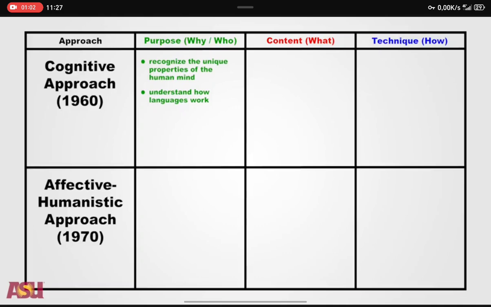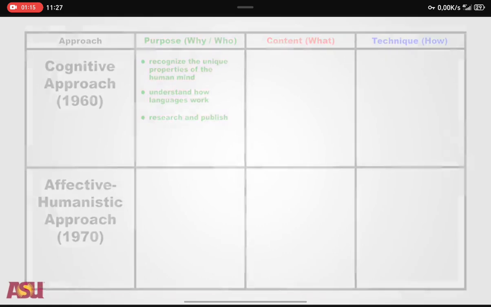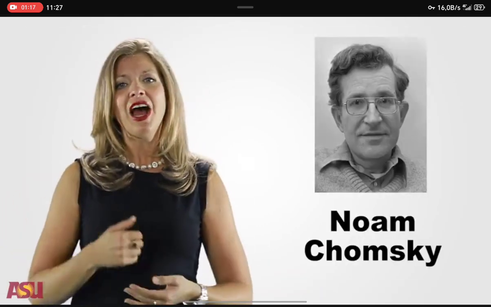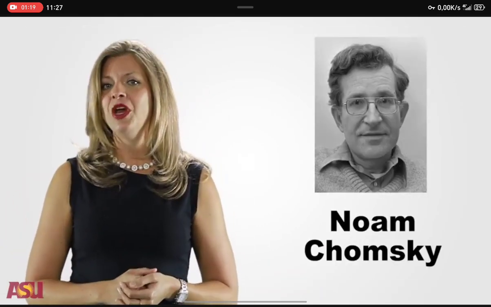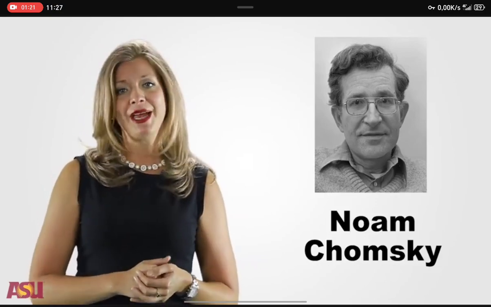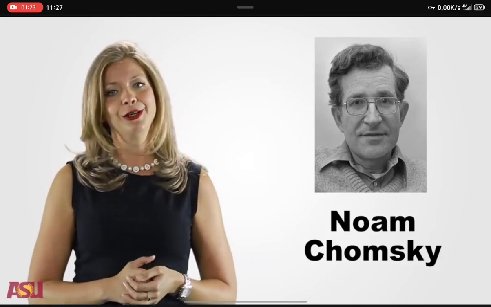Because most researchers are attached to universities, there was also a great need to publish articles and books about the research. And indeed, some researchers became fairly well known in their fields and beyond. Noam Chomsky, a famous researcher of the time, was known for his research in many disciplines, including linguistics.